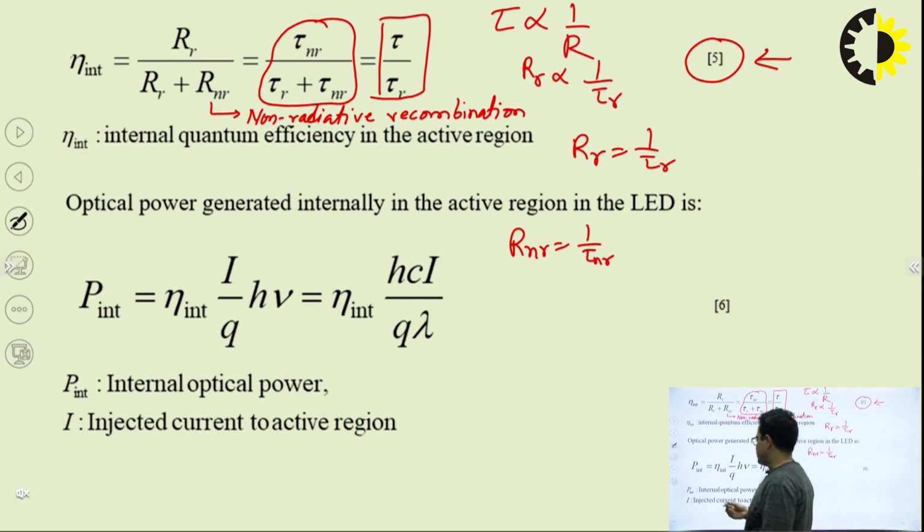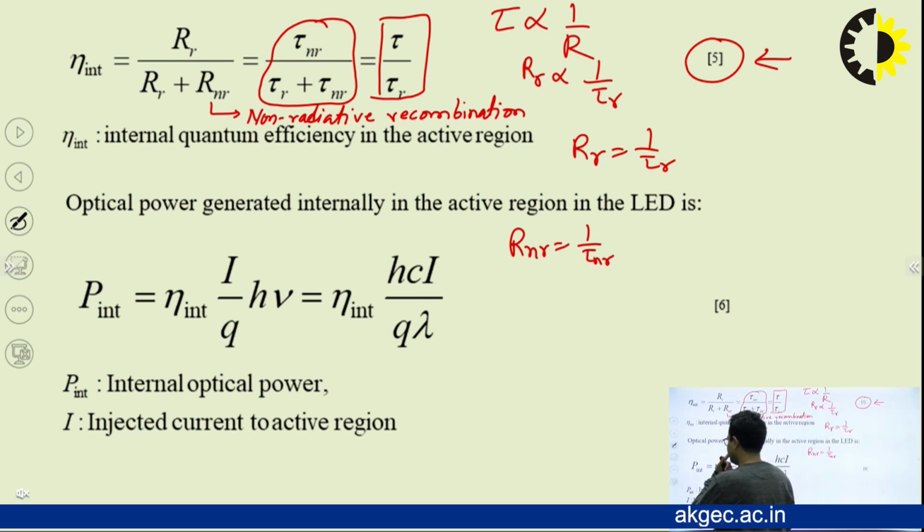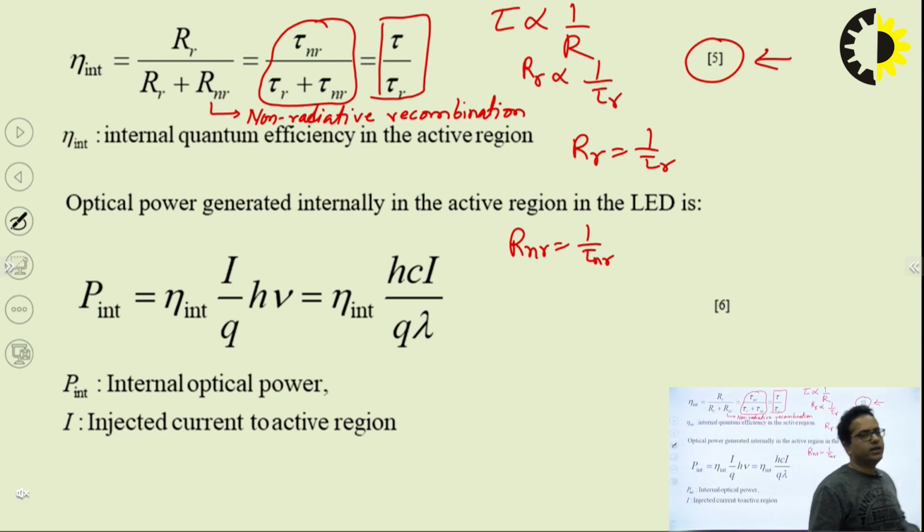Now that we have this basic idea of the quantum efficiency of the LED, the next thing is to discuss the internal power, that is the optical power generated internally in the active region of the LED.